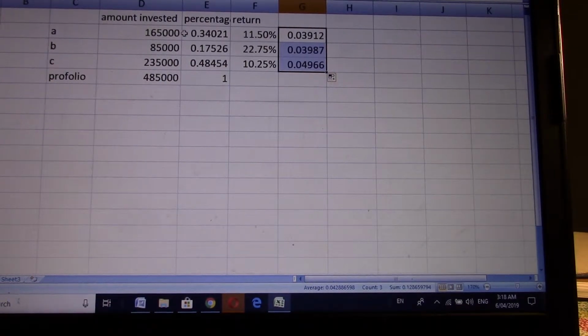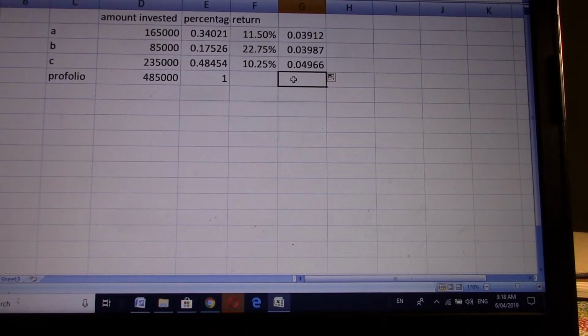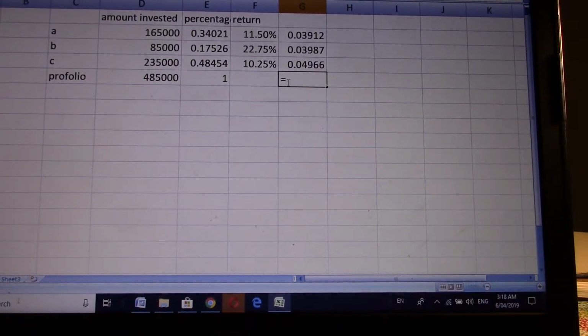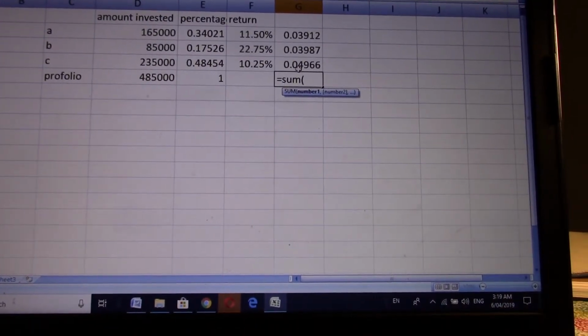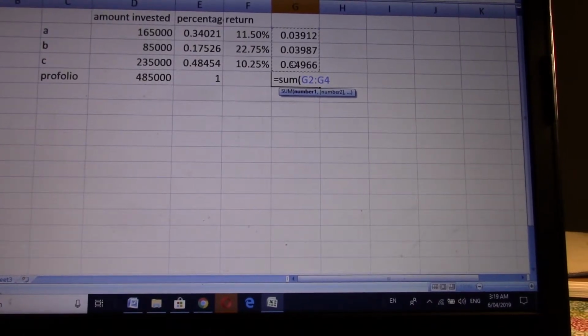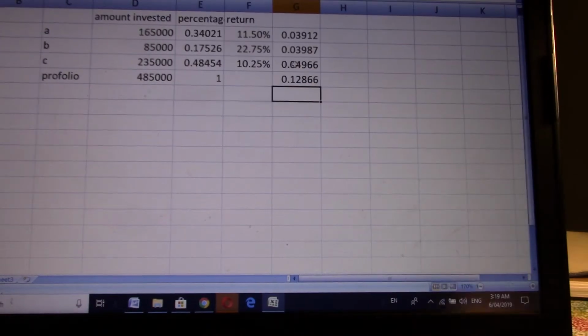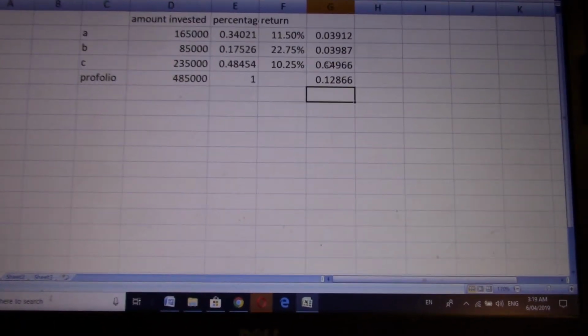So you did the percentage multiply the return for each of the stocks. And then to get the portfolio's result, all you need to do is just add it up. That will be your portfolio's return. So it should be 12.866. This should be your answer.